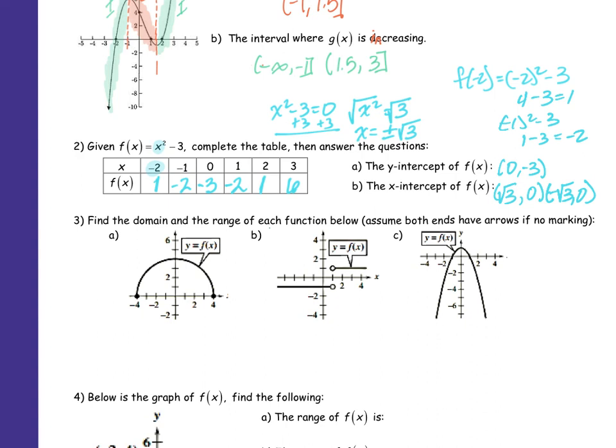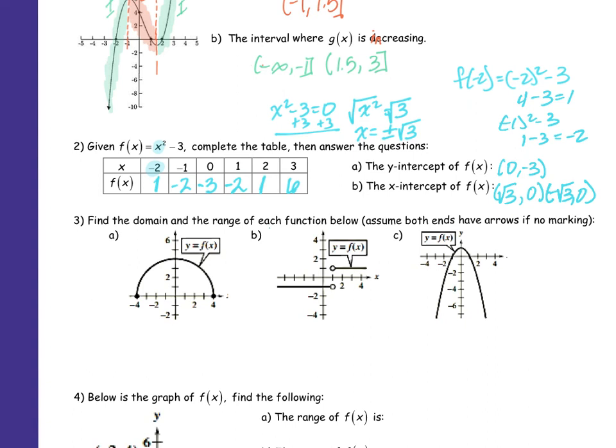So once again, guess what? Domain and range. Put it in your chat box. Let's see, how much time do we have? We have a half an hour. Okay, we're doing good. We have 30 minutes. So again, if they don't have arrows, assume both ends have arrows.